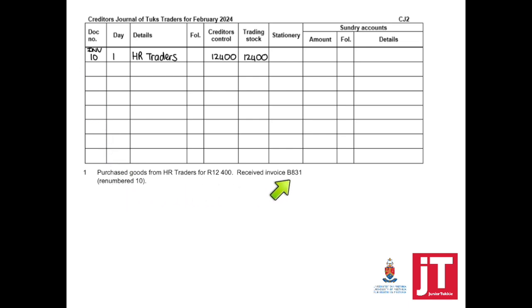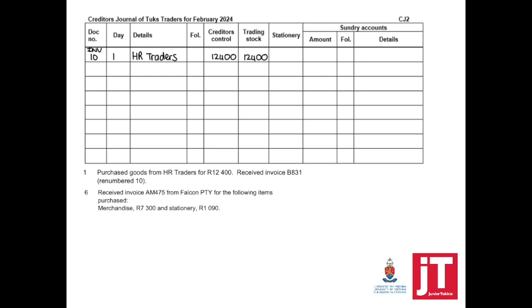Do not use invoice number B831. You have to use the invoice number which we've renumbered. This happened on day 1. We purchased from HR Traders the amount 12,400, and now you need to identify what did we purchase. Take note, when we've purchased goods, it is shown as trading stock.